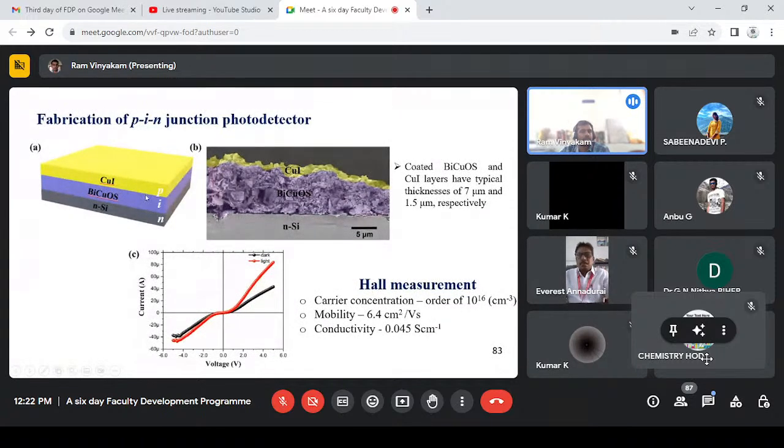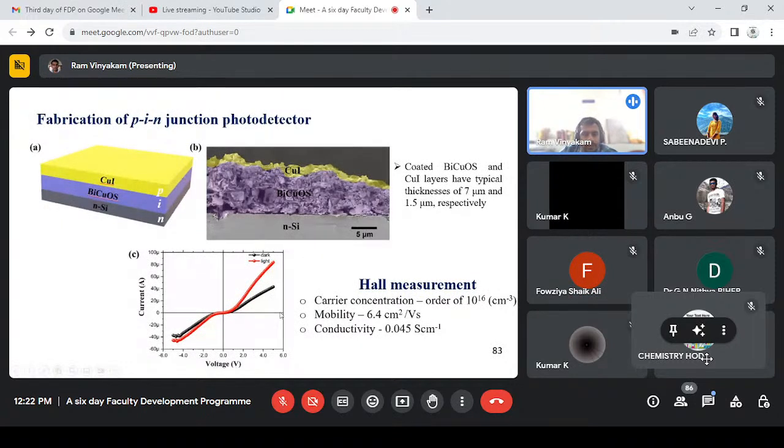So in addition to the heterojunctions of N and intrinsic as well as P and intrinsic, the intrinsic layer will have a maximum width of absorption. Since it is intrinsic, the width will increase because of the process. We got around 7 micron thickness, and we used that effectively to our advantage.